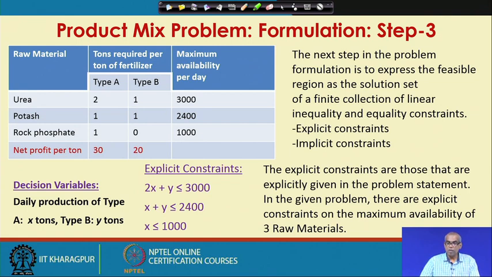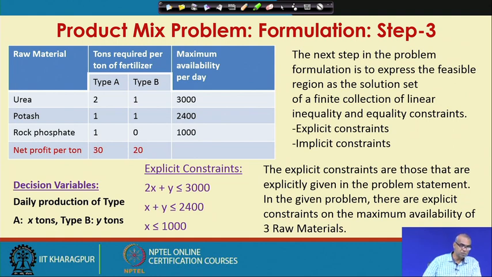So, we discussed that we have explicit constants and implicit constants. The explicit constants are those that are explicitly given in the problem statement. In the given problem, there are explicit constants on the maximum availability of three different types of raw materials, namely urea, potash and rock phosphate.